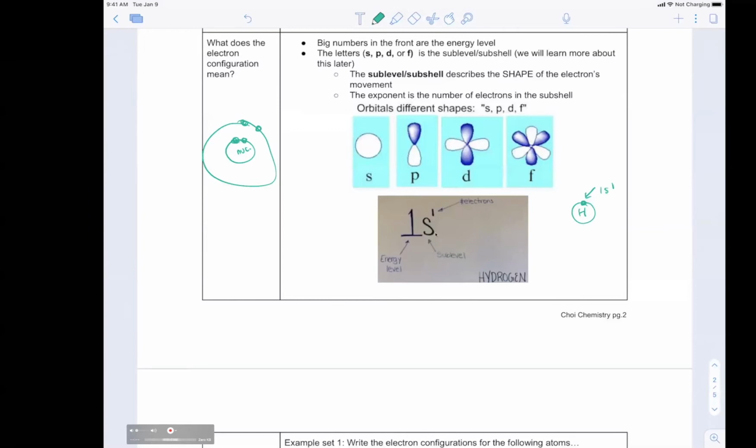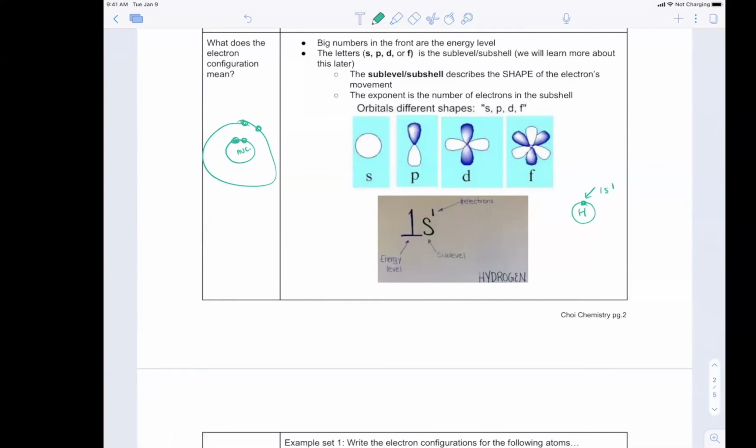The sublevel describes, again, the shape of the electron's movement. So this electron right here, even though we draw it two-dimensionally here, if we look at it in real life, it's traveling in this sphere shape. And then the number of electrons tells you here, you only have one electron.